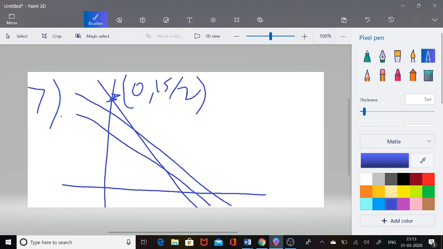Your shaded part is going to be this side. So obviously the solution set involves 3 comma 4.